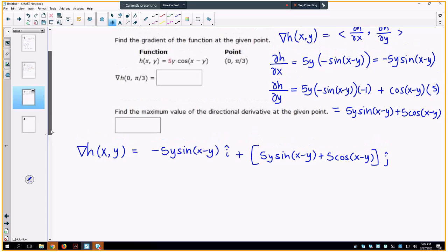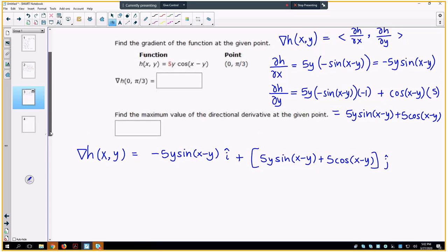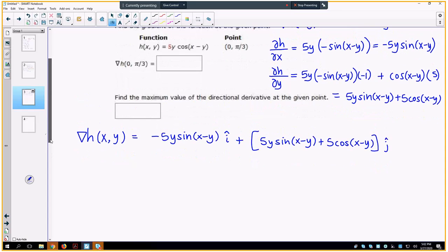And then I'm asked to find the gradient at a point. So I'm going to evaluate this at the point 0, pi over 3.